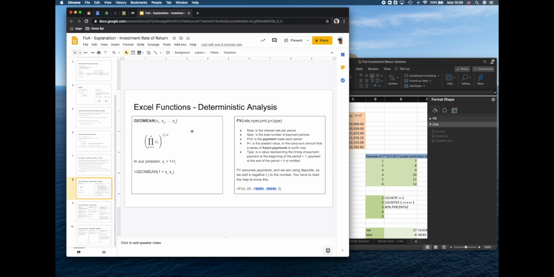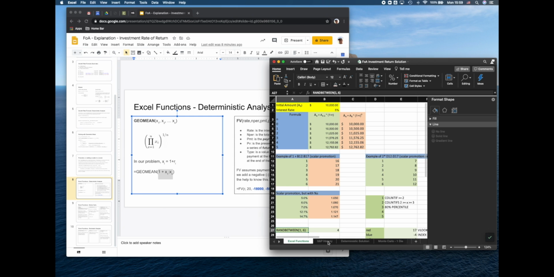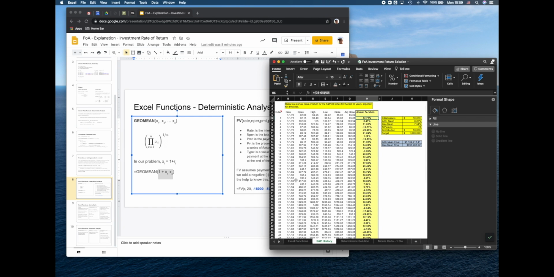The last thing to look at here is the Excel function in terms of the deterministic analysis. The geomean function just calculates the products and takes the nth root of it. So in our particular problem, this here is 1 plus all of the rates that we looked at in this equation over here.